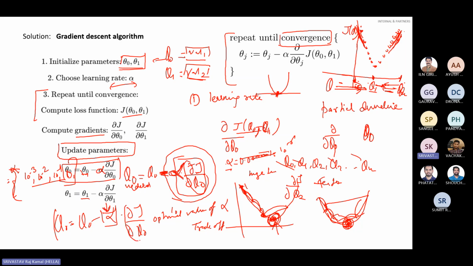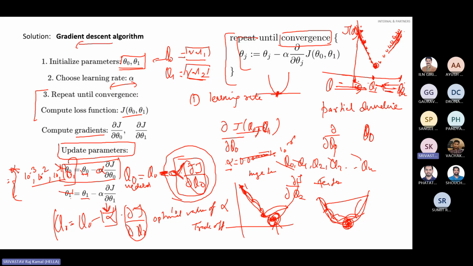We reduce the derivative, and this is how we update all the thetas, theta 0, theta 1. If we keep doing that, we will update all the thetas. We move from here to here. In the next iteration, we repeat the same process. We move here to here. We keep repeating until we reach here. So this is how your gradient descent algorithm works.